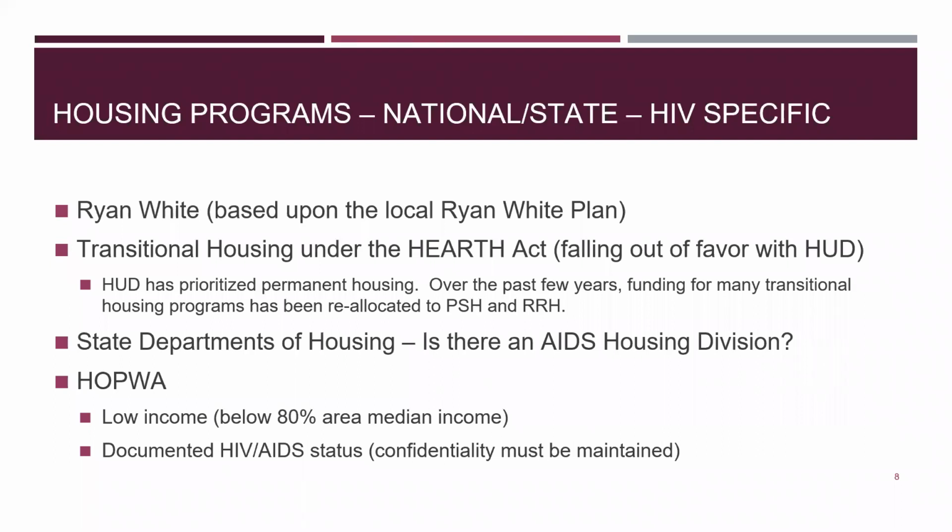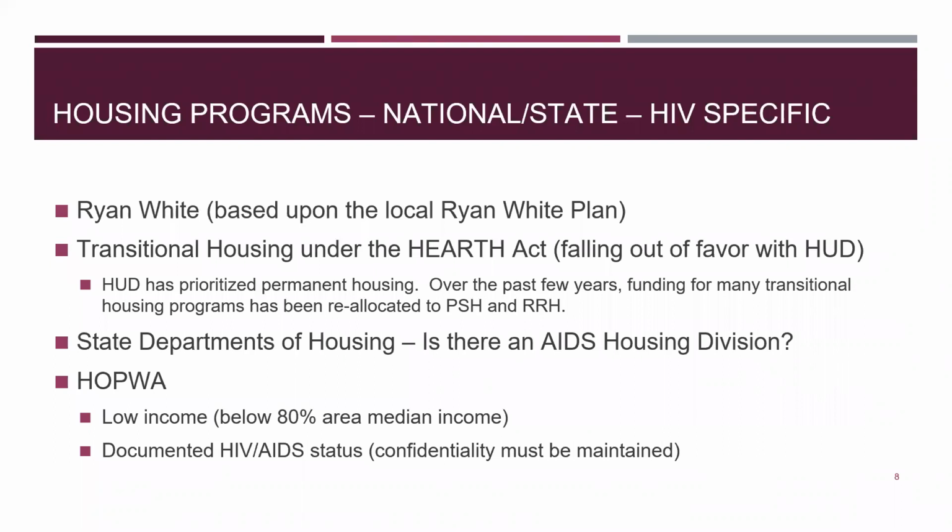And Aisha, please jump in and correct me if I'm off track. But many of us have been reallocating our funding for PSH and rapid rehousing, so permanent supportive housing and rapid rehousing, because I think you will see a diminishing of transitional housing under the HEARTH Act. However, there are still transitional housing programs funded through other areas because it does have value.